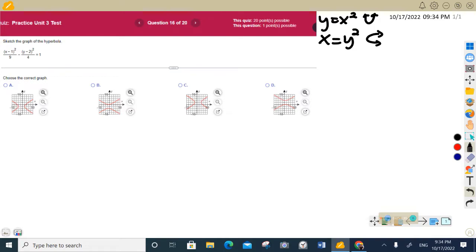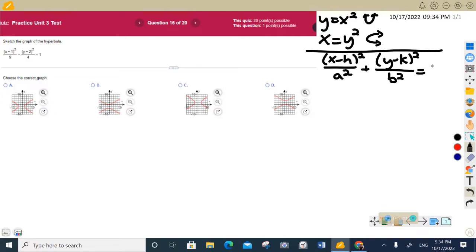Okay? Then we looked at ellipse. So an ellipse is where you have x minus h quantity squared. We'll just pick x to be the major axis here, so we'll put a squared underneath it, plus y minus k squared. We'll make y the minor, so b squared's under it.